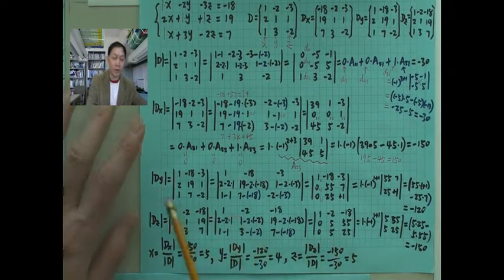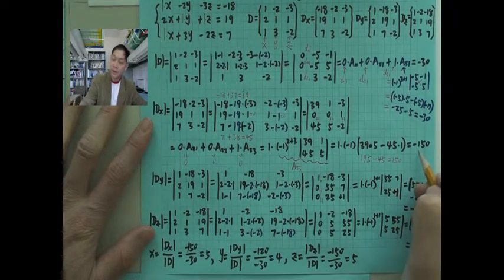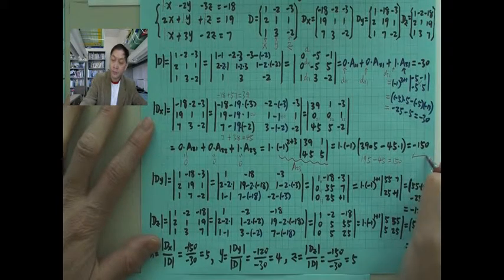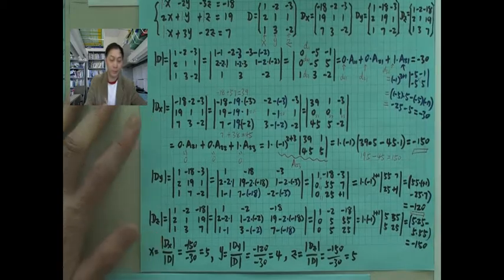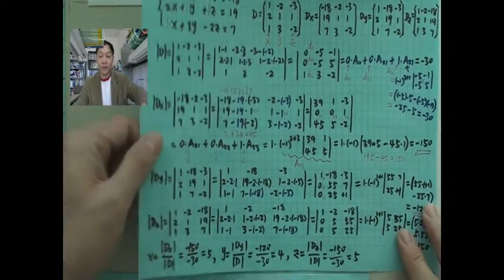Okay, now you have a determinant. dy is negative 120 here. Okay? And you have negative 150, negative 120, dz. Again, what's dz?